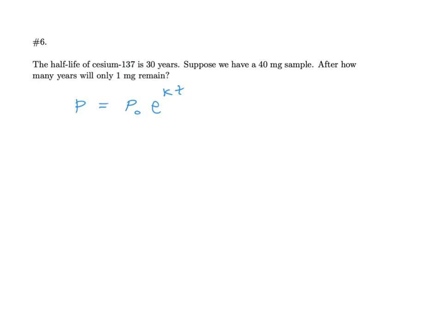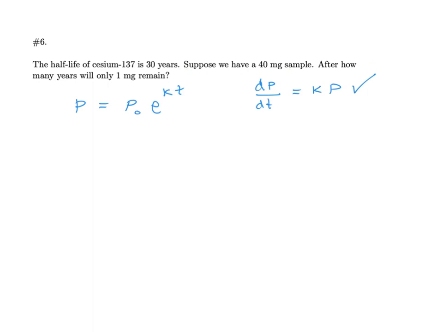The reason for this is when you have decay in this form, the rate of decay, dP/dt, is proportional to the amount of substance that there is. So since this condition is met, since we are talking about half-life, we can use this formula to model how this thing decays over time.